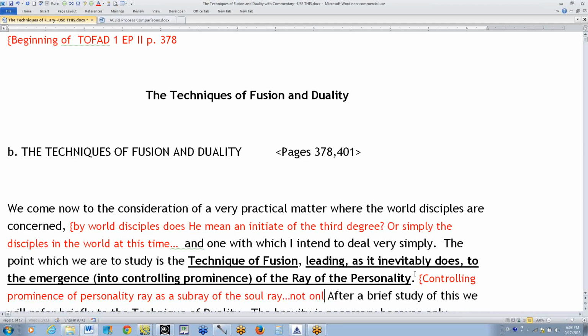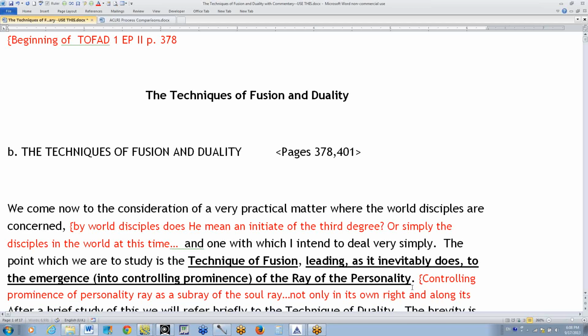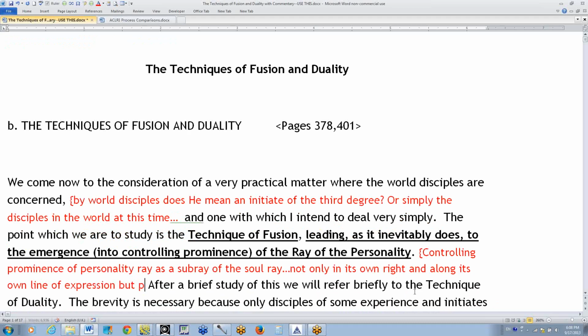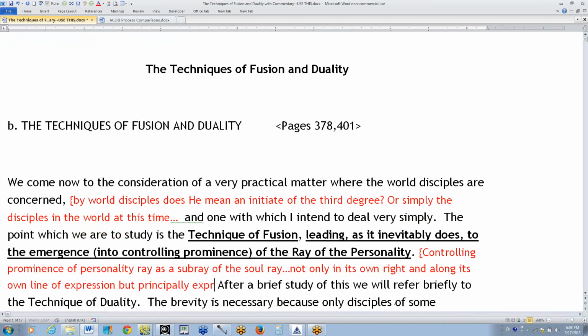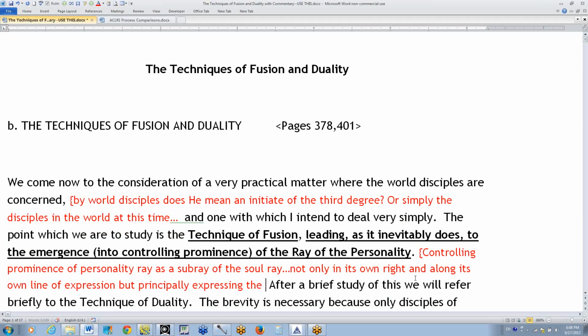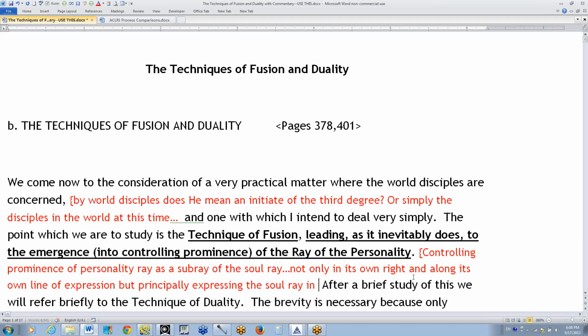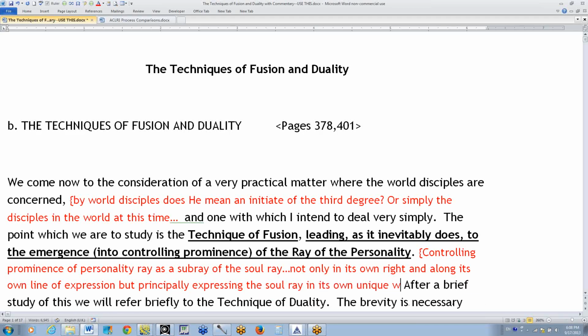So not only in its own right and along its own line of expression, but principally expressing the soul ray in its own unique way.